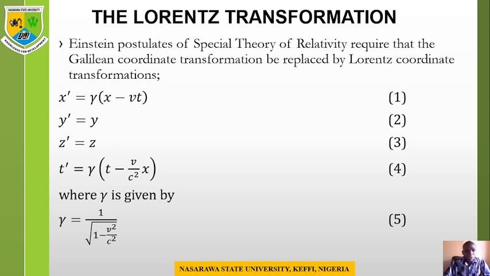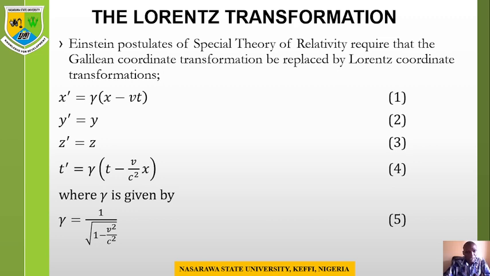So the transformations are as follows. We have equation 1, which is x prime equals gamma times (x minus vt). Then y prime equals y, z prime equals z, t prime equals gamma times (t minus vx over c squared).